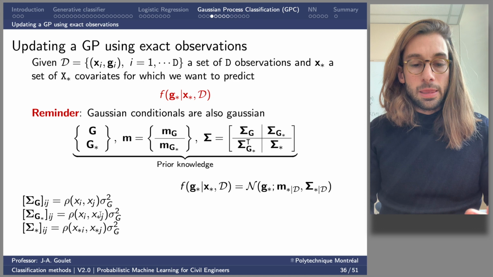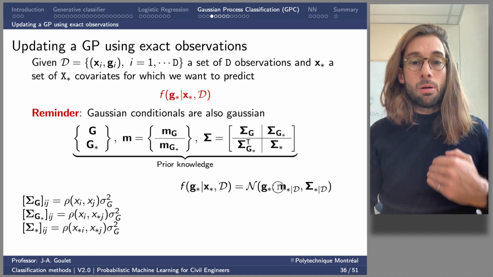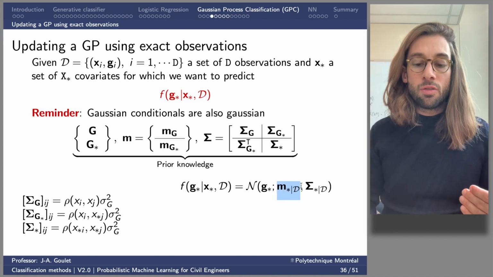In that case, the posterior knowledge is going to be described by a normal, parameterized by this posterior mean vector and posterior covariance.